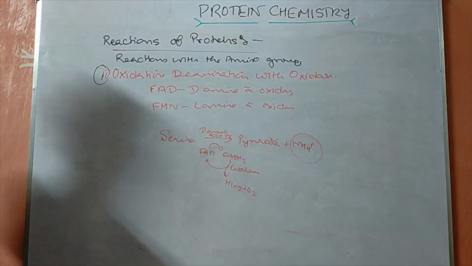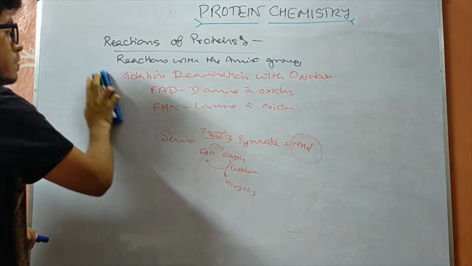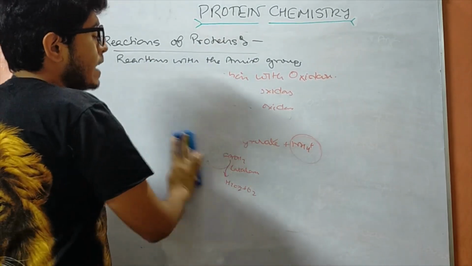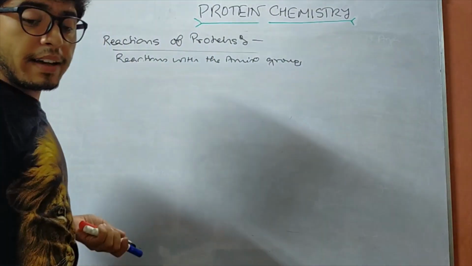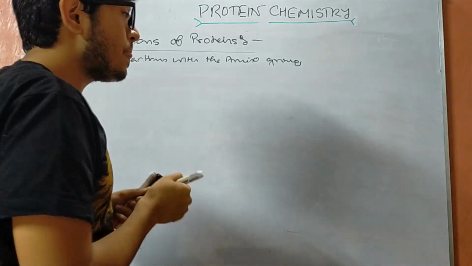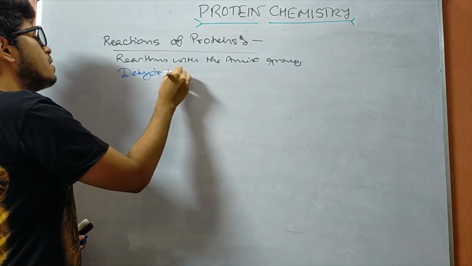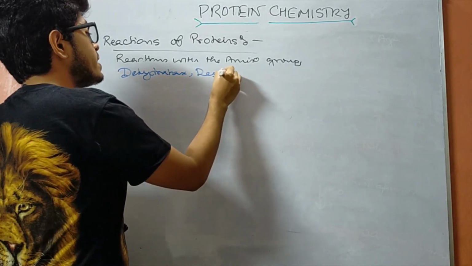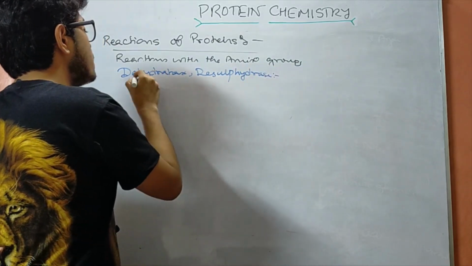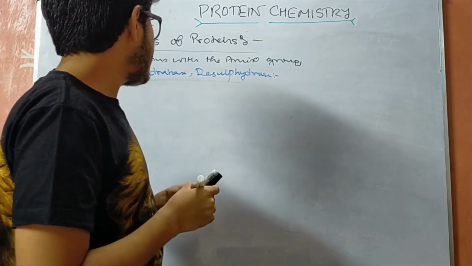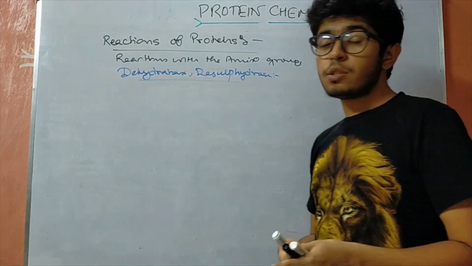Now coming to the next part, the reactions of the amino group which do not require oxidation. They are basically the dehydratases and desulfhydrases. In the reactions by dehydratase and desulfhydrase, we are not releasing H+.